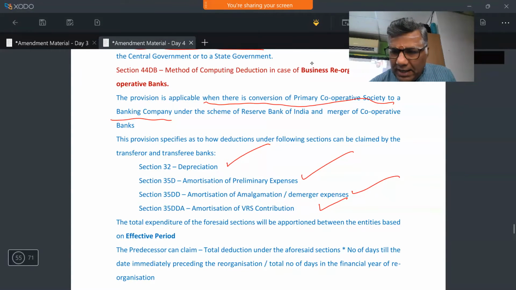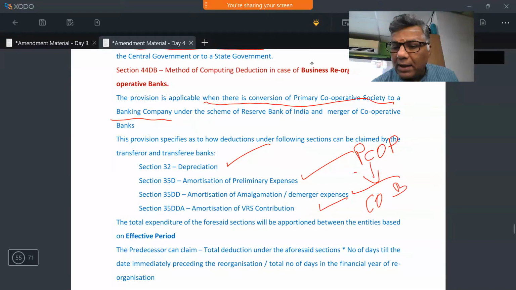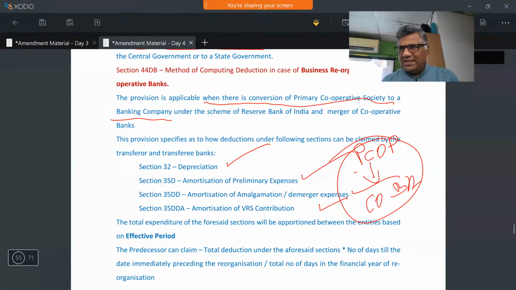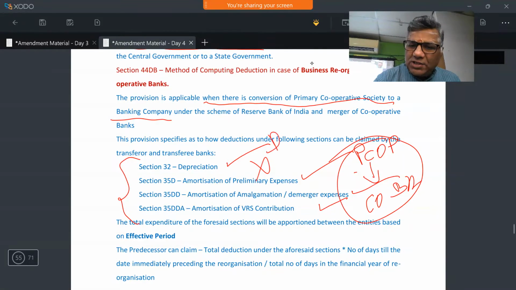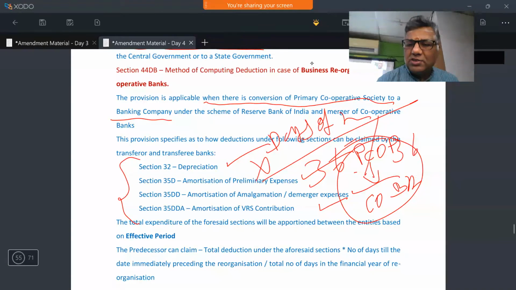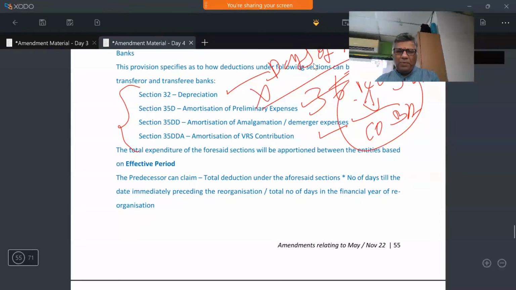During the year, the primary cooperative society has become a cooperative bank. How to handle? The law says, find out the total of this expenditure into days of bank, divided by 365 or 366, the total number of days. Simple formula.